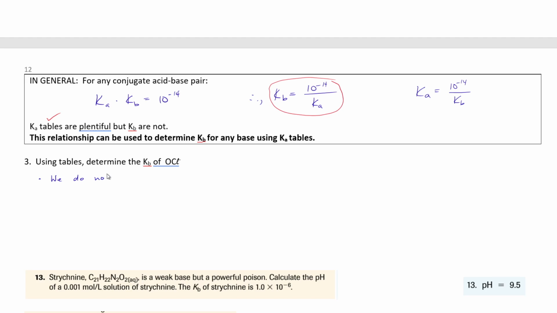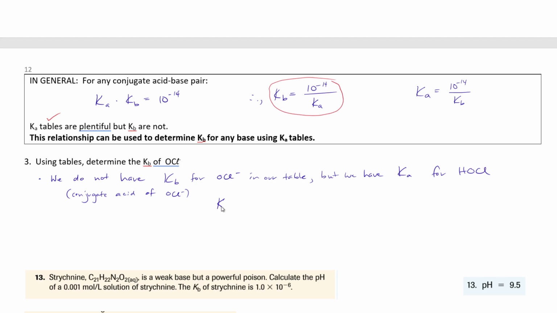We do not have Kb for OCl minus in our table, but we have the Ka value for its conjugate acid, which is HOCl, right? Which is the conjugate acid of OCl minus. So because I have the Ka value for HOCl, I can use this equation to find the Kb value.